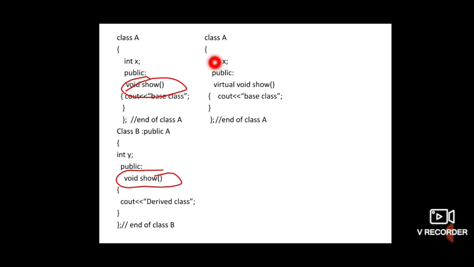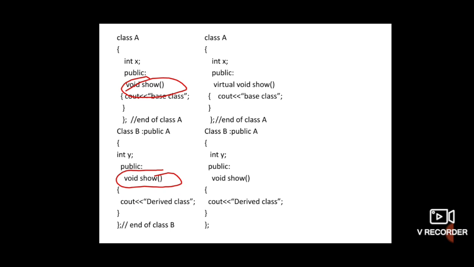A is the base class, the function is show, and the virtual keyword precedes this base function. Now the derived class is created, class B colon public A. In this class B, again one member function is declared, void show. In this show, out derived class, end of show, and end of the derived class.